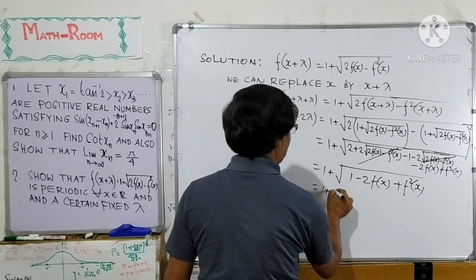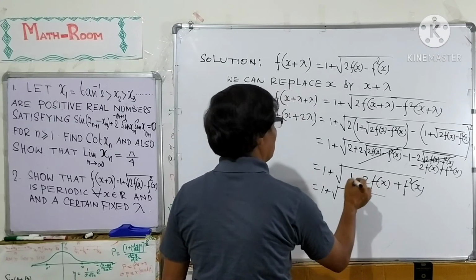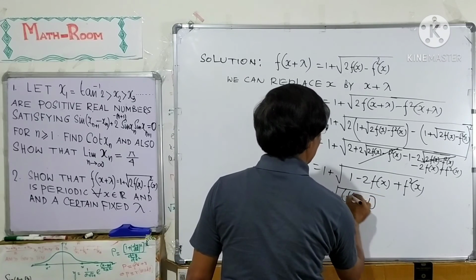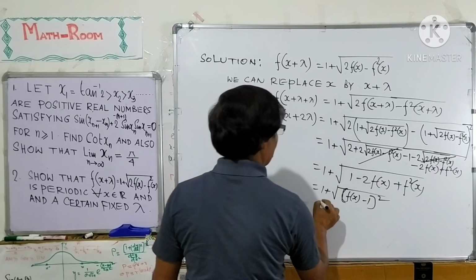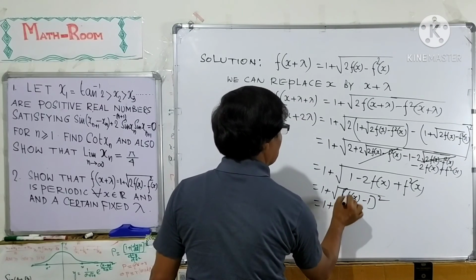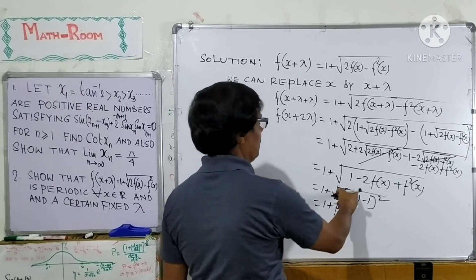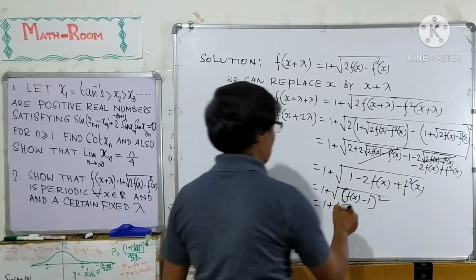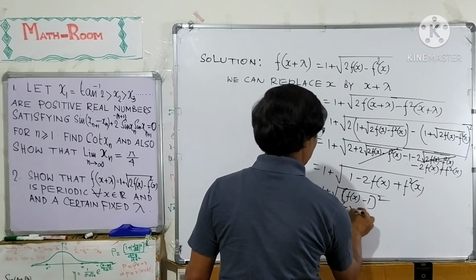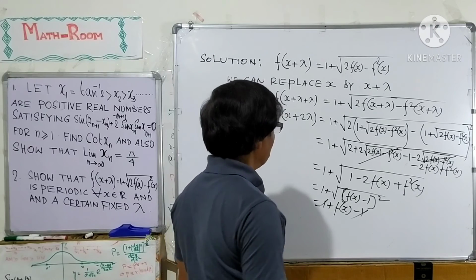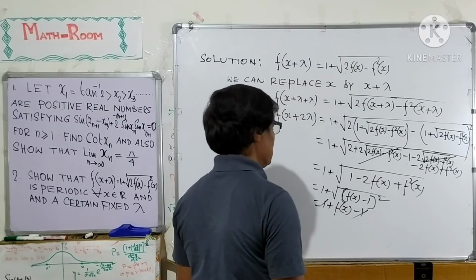Also, we can write the square root of f x minus 1 whole square, that is, 1 plus square root of f x minus 1 whole square equals f of x minus 1. The 1s cancel out, plus 1 minus 1 cancel out.